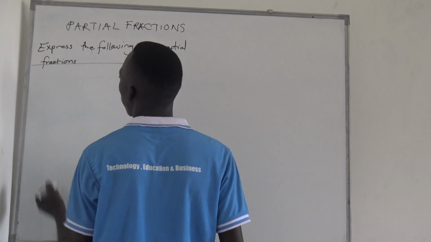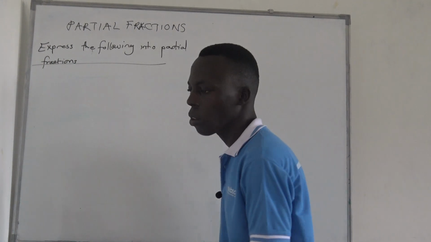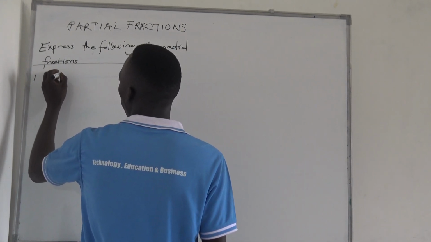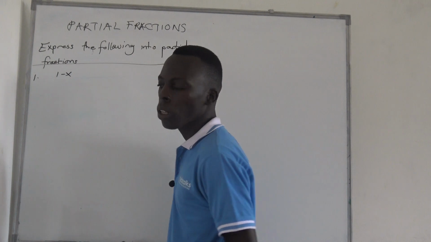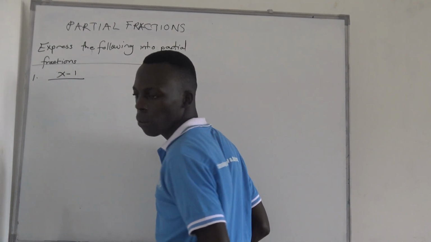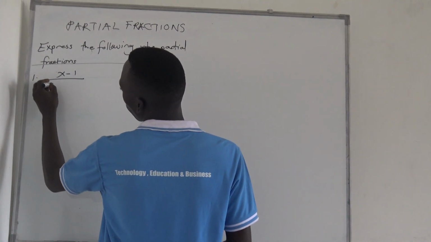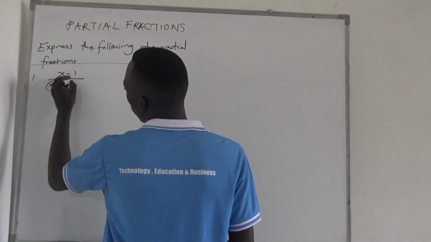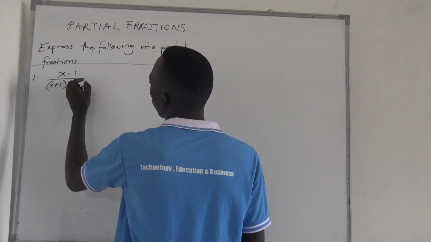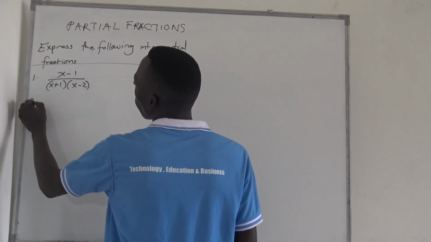The first one is x minus 1 over x plus 1 times x minus 2.